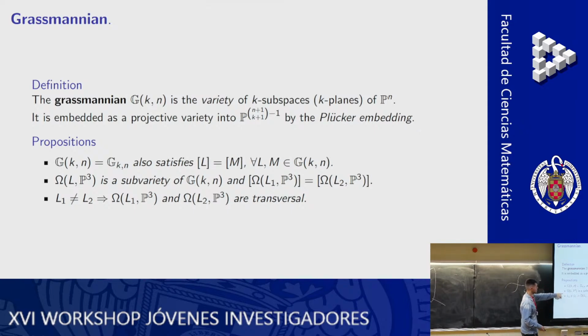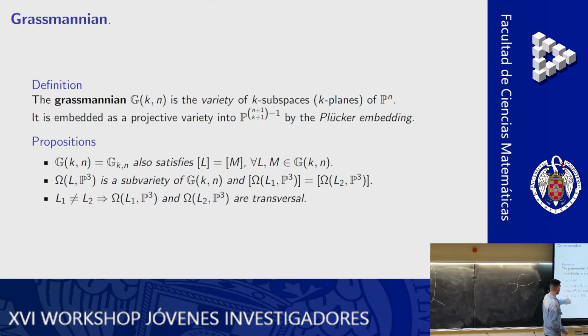The second point is that these omega L P3 are subvarieties of the Grassmannian. Not only are they subsets, they are subvarieties. And the class doesn't depend on the line you take. So omega L1 P3 is the same class as omega L2 P3.